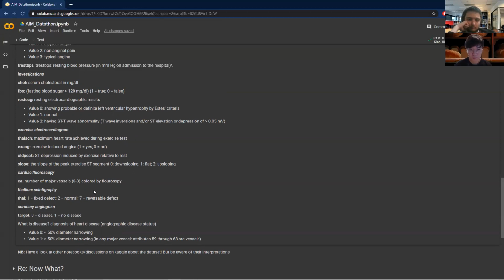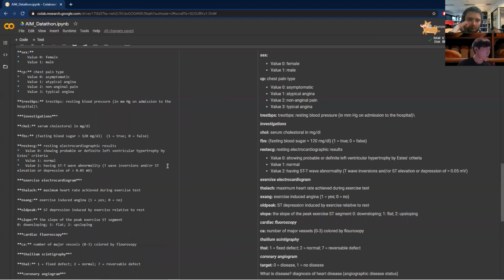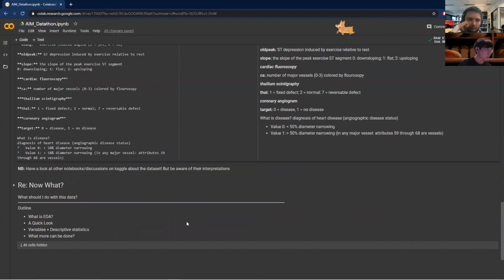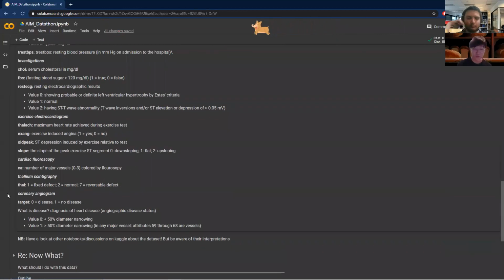Myocytes, which are heart cells, absorb this radioisotope, but if they're ischemic, so if the heart tissue is dead and scarred, then they won't absorb it. So this is also just one of the measures of heart muscle damage. But once again, if you want to look further into this investigation, you can look it up on Google, and they will have a lot of information on that.